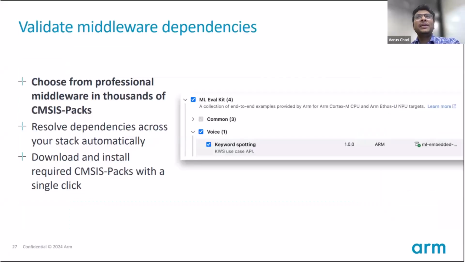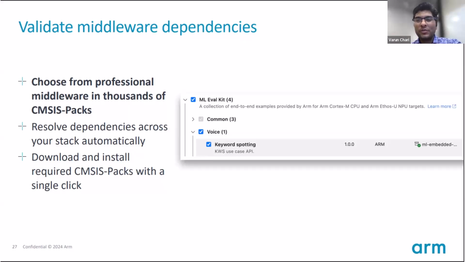So again, a deep dive into the same things. You can validate all the CMSIS packs that you are using and the dependencies, so you can really pick and choose interactively and not go inside, configure multiple CMake files, and then provide a link to different CMake files if you are using a CMake based project.